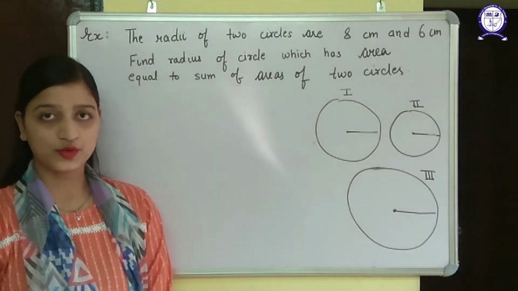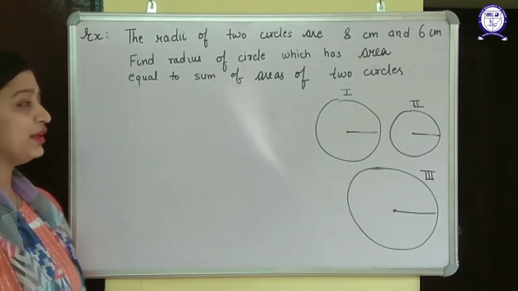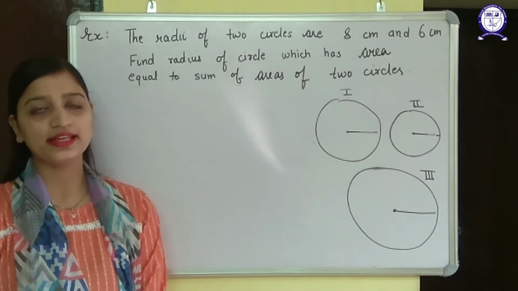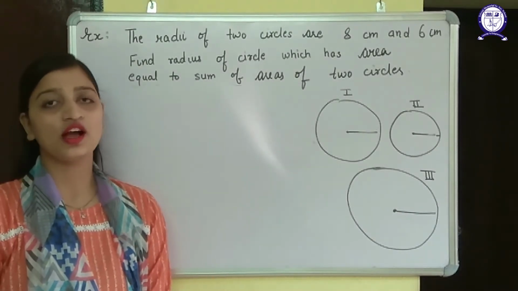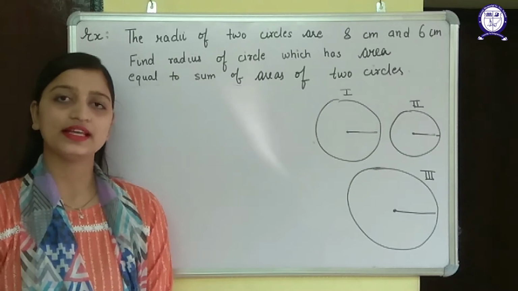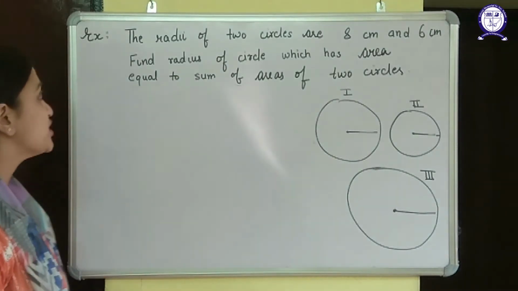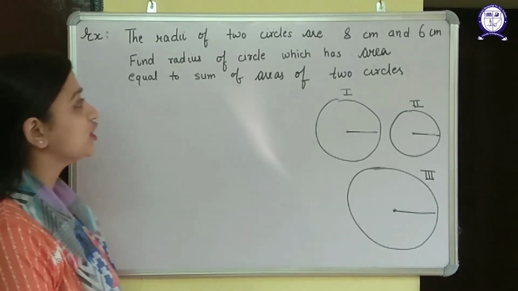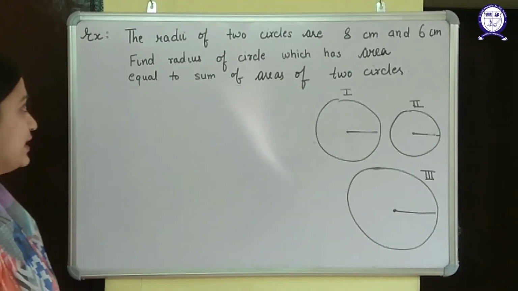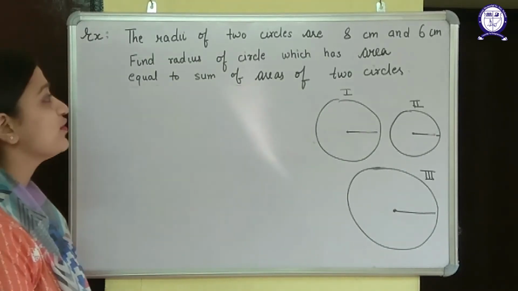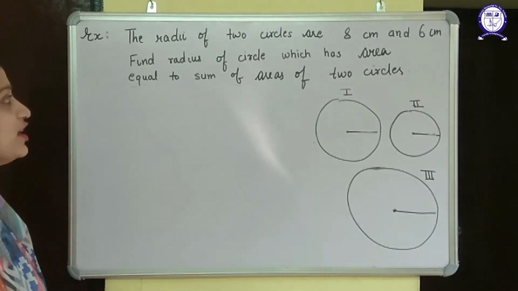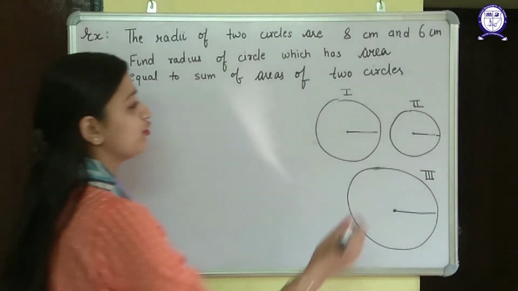Now coming to the next question. This question is similar to the previous question, but in that question we were talking about the circumference, and in this question we are talking about the area. The question is: the radii of two circles are 8 cm and 6 cm. Find the radius of the circle which has area equal to the sum of the areas of the two circles.